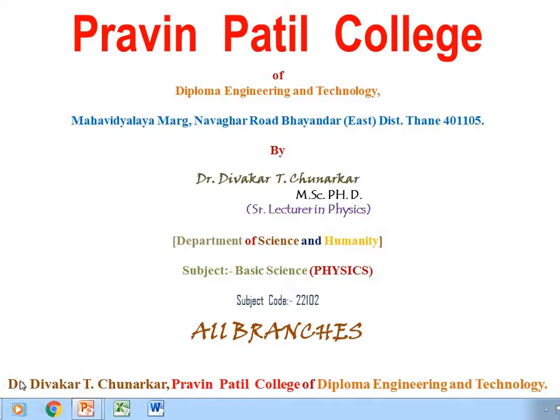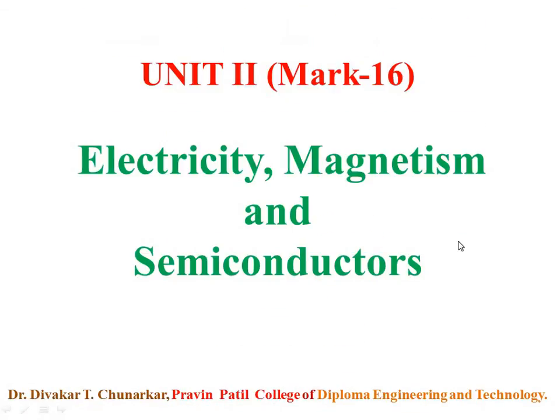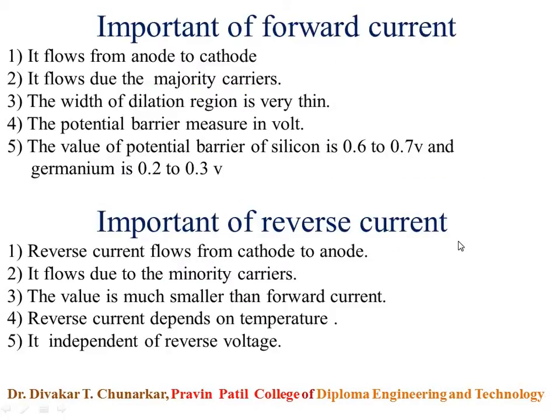Then PN junction diode, explanation of PN junction diode, example of PN junction diode, barrier potential, depletion region. Then PN junction diode in forward bias and PN junction diode in reverse bias.